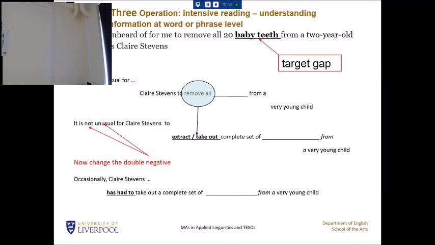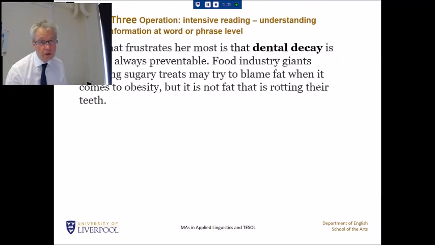So now can you do one? Can you look at this one, which is paragraph 1. What frustrates her most is that dental decay is almost always preventable. So we've got this part of the paragraph now, but it's not the complete paragraph.